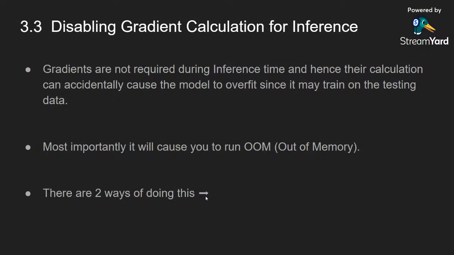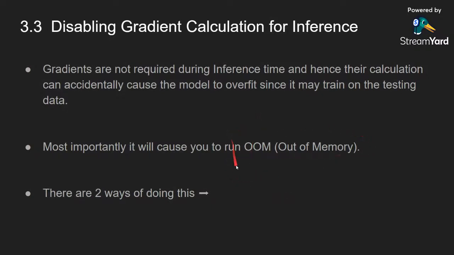Most important of all, if you accidentally apply the gradients calculated on validation data to your model, it can cause your model to overfit, because it will then accidentally learn on your validation data. So you can't really trust the CV that you get, and it can also cause out of memory errors.